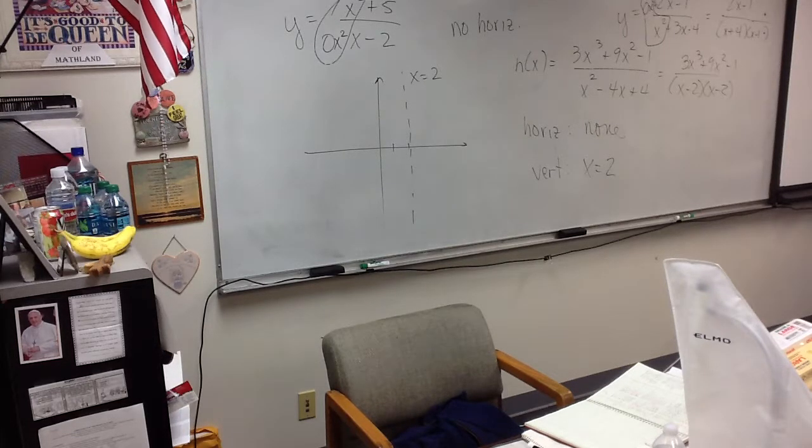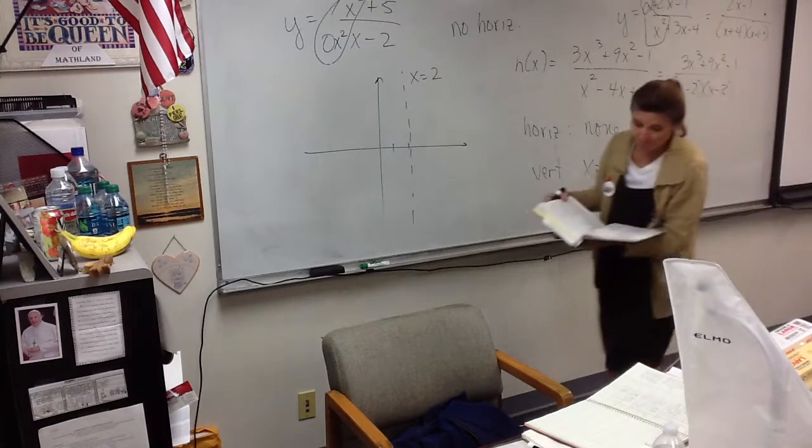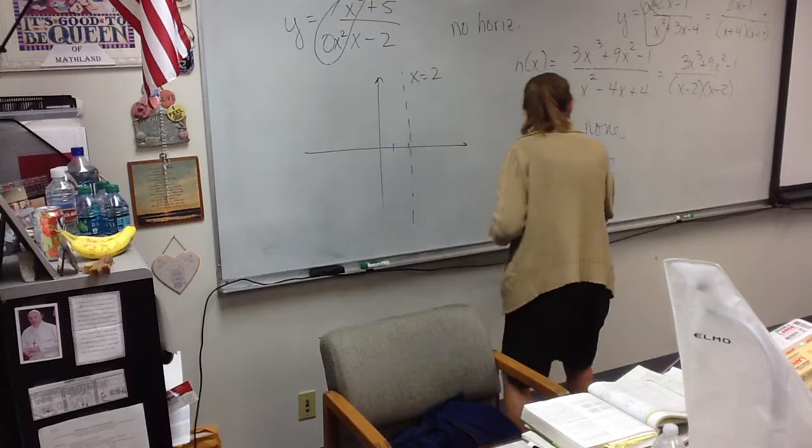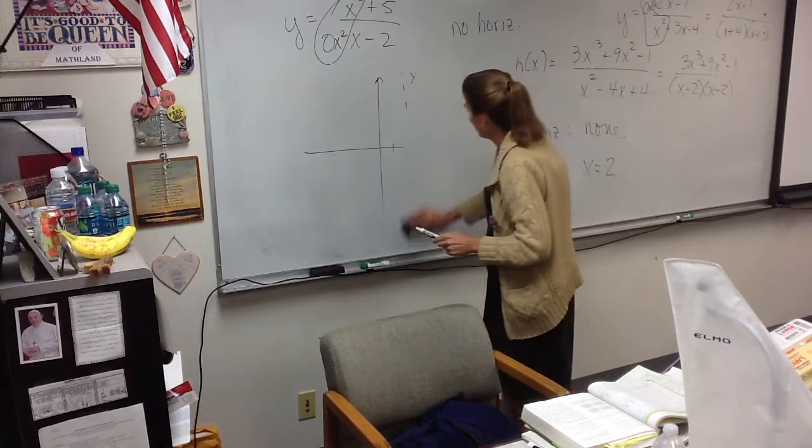Okay, so who has a question now about our asymptote problems? 58? Yeah, it's 1.5. Okay. Tricky, Mrs. Ford snuck a problem in on you.